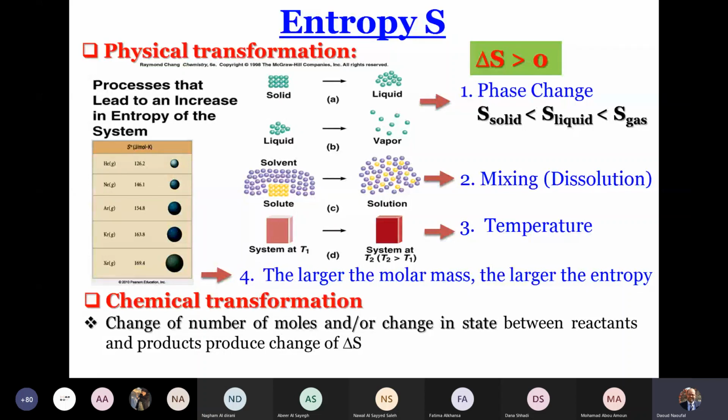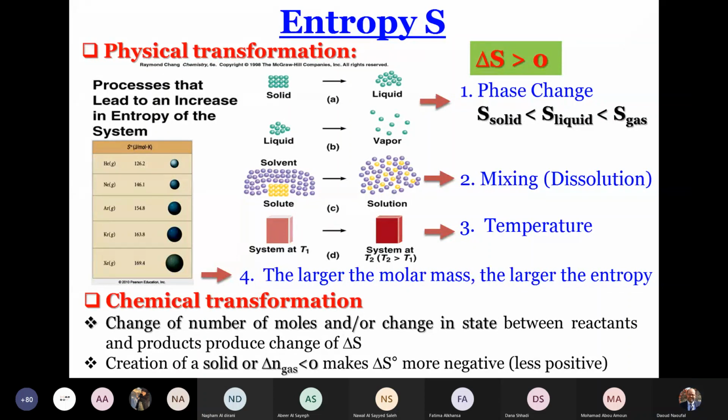So the formation of a gas in a reaction means delta S is positive. Suppose our reaction forms solid. That means when we pass from reactant to product, we pass to a state where we organize our particles. So in this case, delta S will be negative.